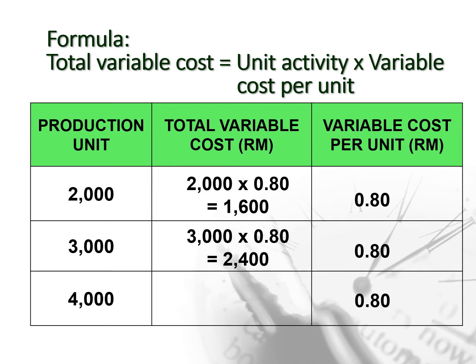And for production unit 4000, the total variable cost equals 4000 units times 80 cents equals 3200. That means the higher the production unit, the higher the cost will be, whereas the variable cost per unit is constant.